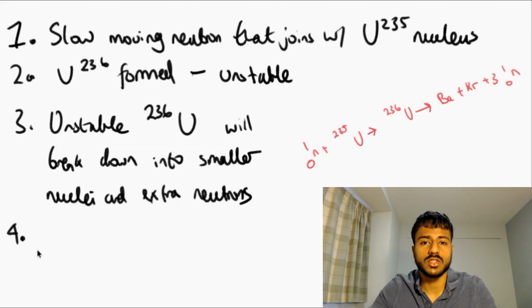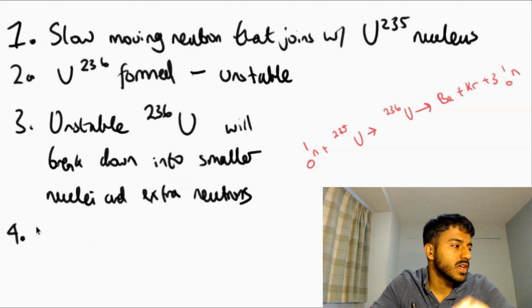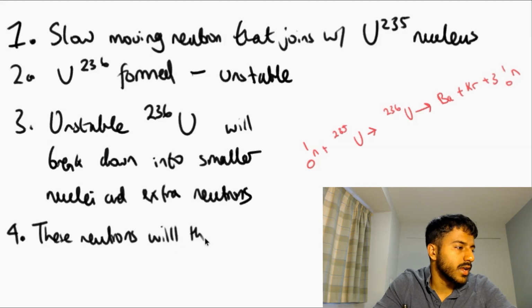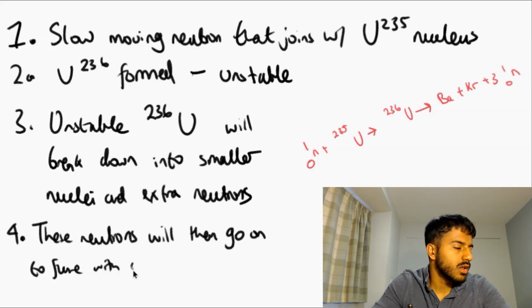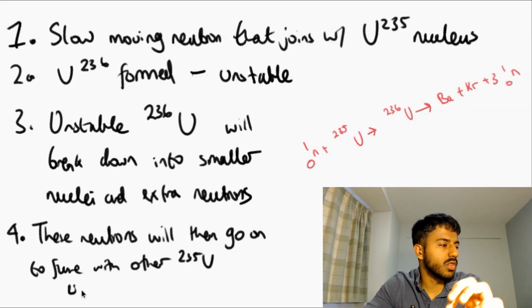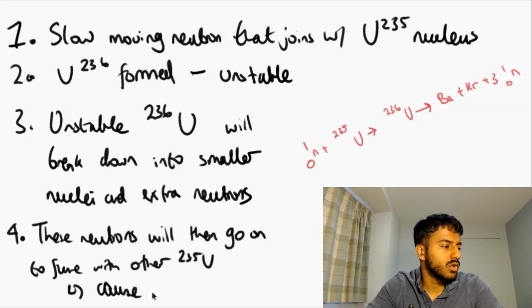Now, the importance of these extra neutrons is that these neutrons will then go on to fuse with other uranium 235 and it will therefore cause more reactions.